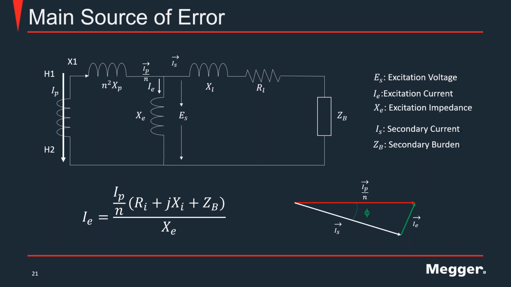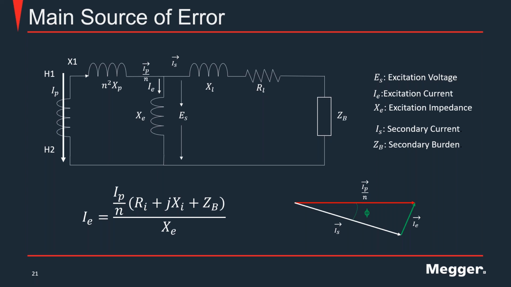And if you look at the equation of the IE, the burden is part of that equation. Now, whenever a CT manufacturer defines a certain CT, they would say that as long as the burden is of such and such value, I would maintain this much accuracy for the CT. It's just that you should not exceed that burden rating.